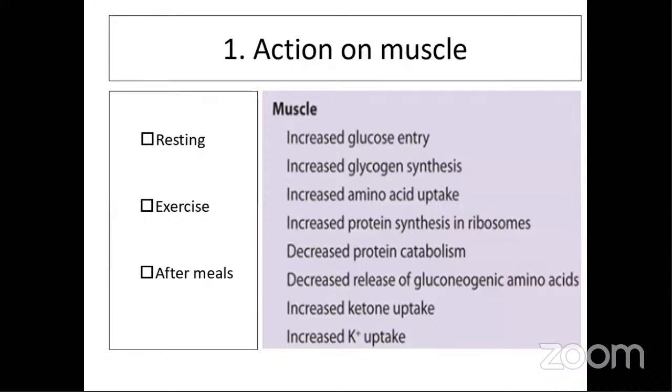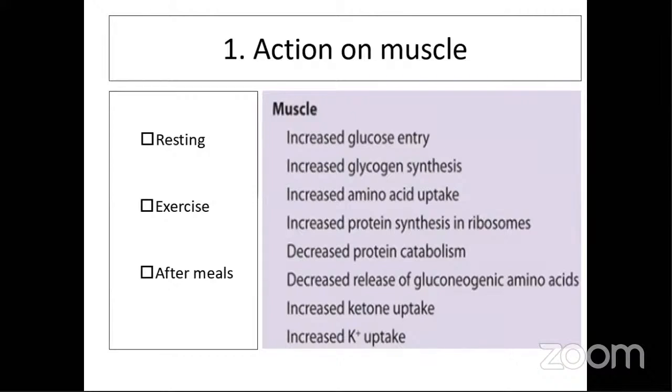Okay, and these are the actions of insulin on muscle. It increases glucose entry, it increases glycogen synthesis, it increases amino acid uptake, and that amino acid will be converted into protein, and protein catabolism will be inhibited, and also it decreases the release of gluconeogenic amino acids. Certain amino acids can produce glucose.